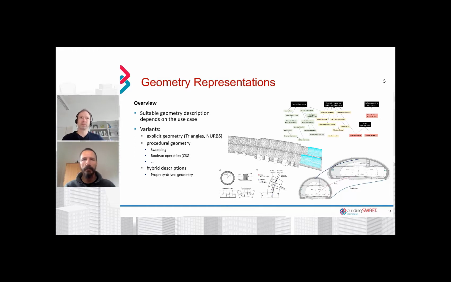One is procedural, and the other is explicit geometry, where the explicit geometry would be something like boundary representations, triangulated sets, and so on. And procedural would be something like an extrusion, a sweep of a profile along a certain directrix. So we immediately know where we are trying to add on.